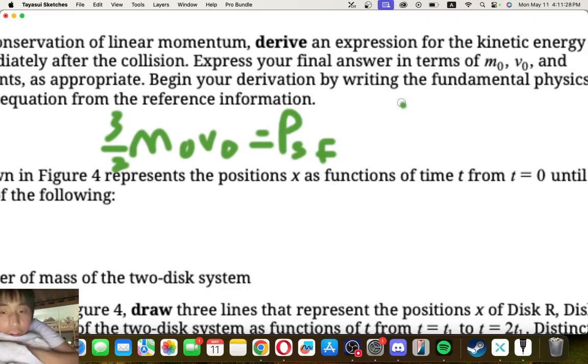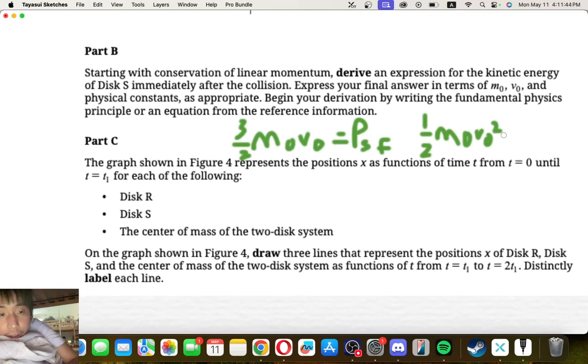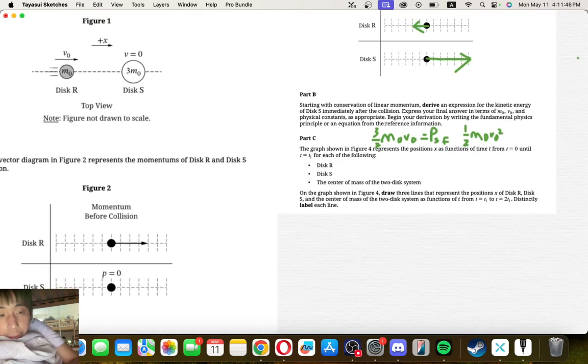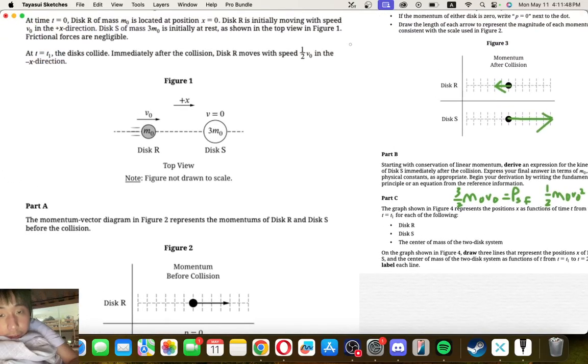Okay, so whatever I did earlier, and then sigma of Ki equals Kf, and then you get 1/2 MOVO squared. Wait a minute. Did I forget something?